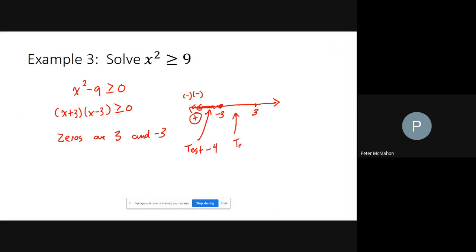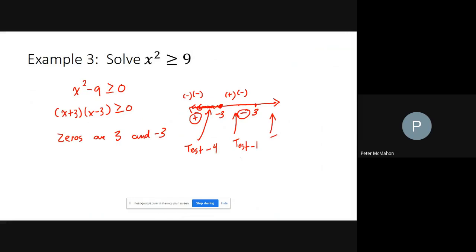Let's test -1. That's in between -3 and +3. -1 plus 3 is a positive number, -1 minus 3 is a negative, and a positive times a negative is a negative number. We want positive solutions, and I have a negative one, so we're not including this region.